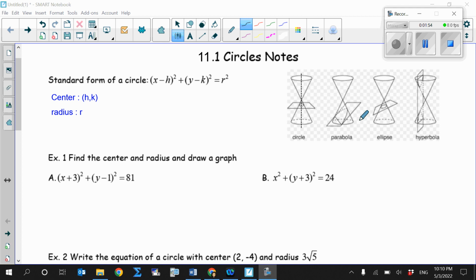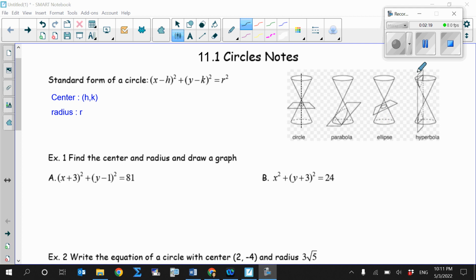If it's slanted in this way, then it's going to create a parabola. If it's slanted in a way that is crossing the two sides of one cone, like this one, crossing this side and this side, and it's also slanted, then it's going to create an ellipse.